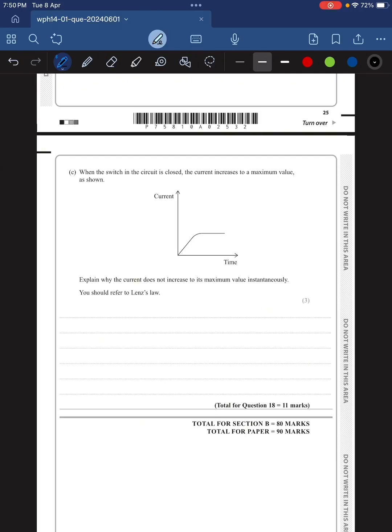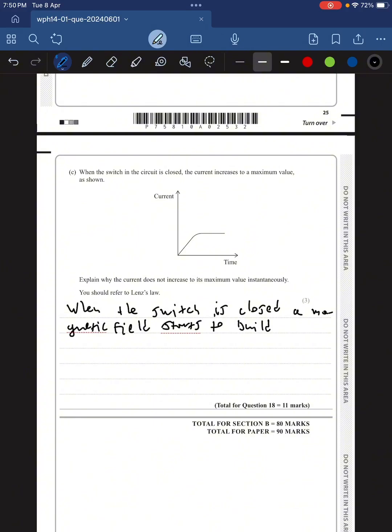Okay, so when the switch is closed, a magnetic field starts to build in the primary coil.